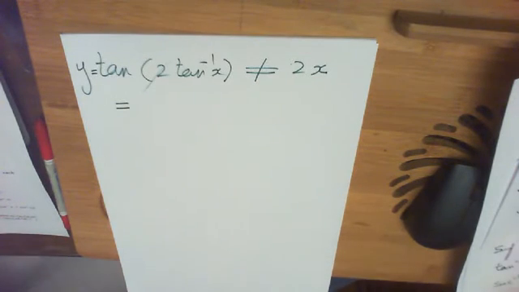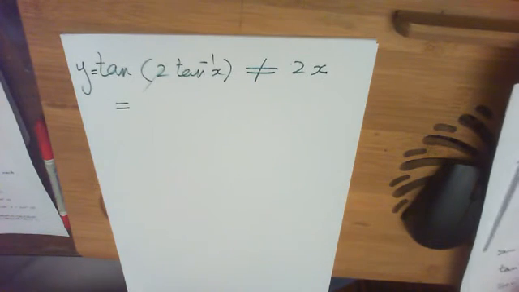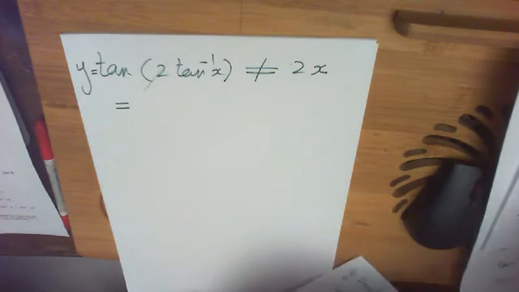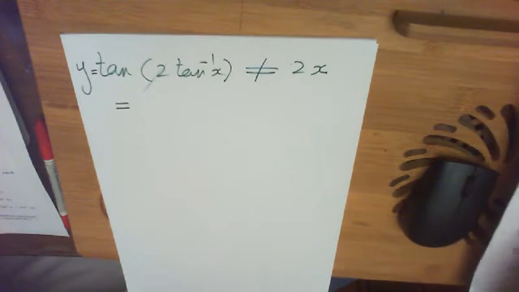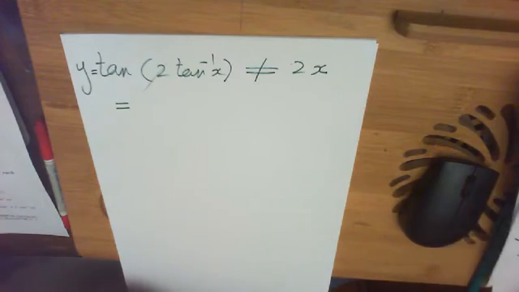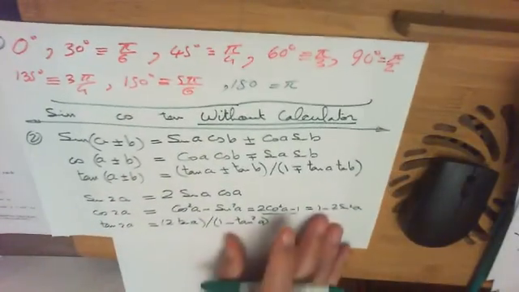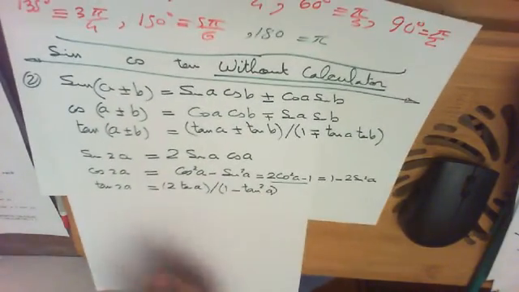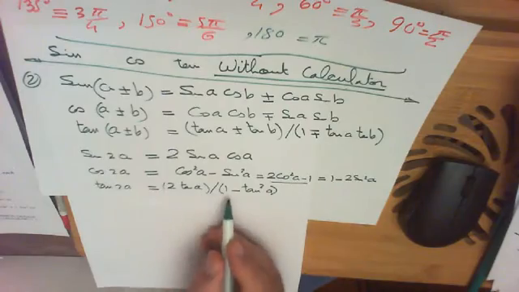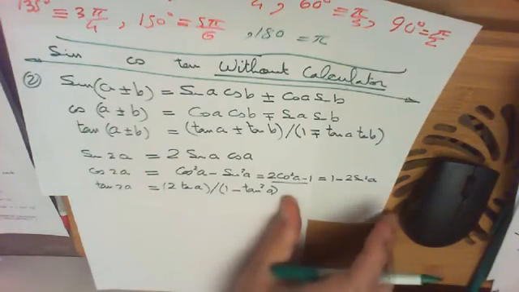I search for what we have already written. Just a moment. Yes, I found it. Tan of twice an angle equals twice tan the angle over 1 minus tan squared the angle.